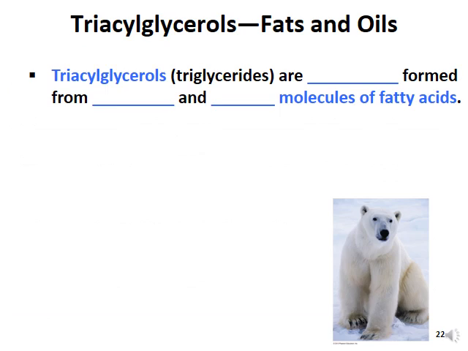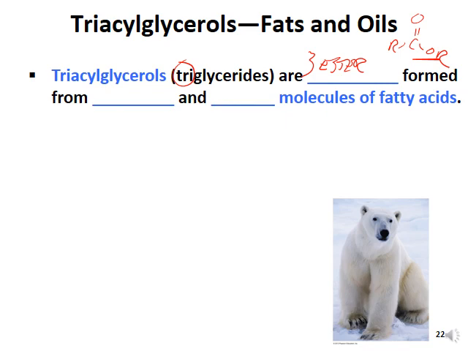Okay, triacylglycerols, fats and oils. Triacylglycerols. Tri is a big hint. Or 3 esters. And you know what an ester is, right? C double bond O R O R. That's the general format, the functional group of an ester.